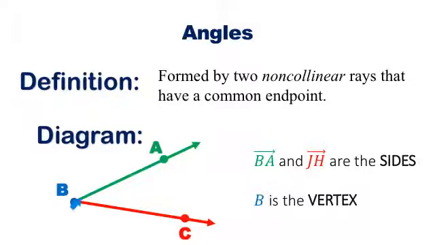We have BA and BC, but notice how they have the same endpoint B. The two rays that make up this angle are called the sides, so BA and BC are the two sides. And we can also say that the point of intersection of the two rays is called the vertex. So again, more vocabulary to be aware of.